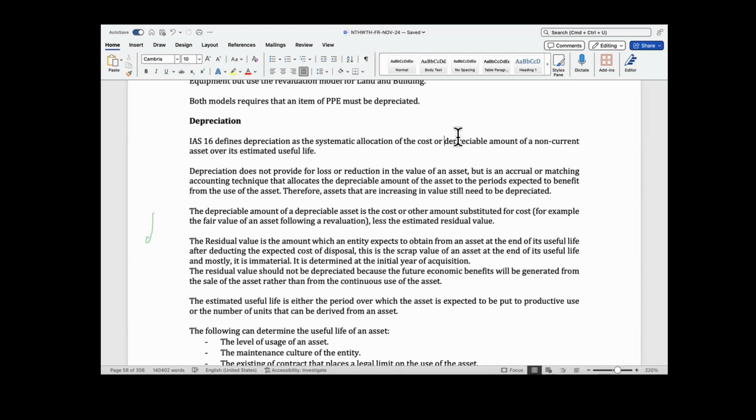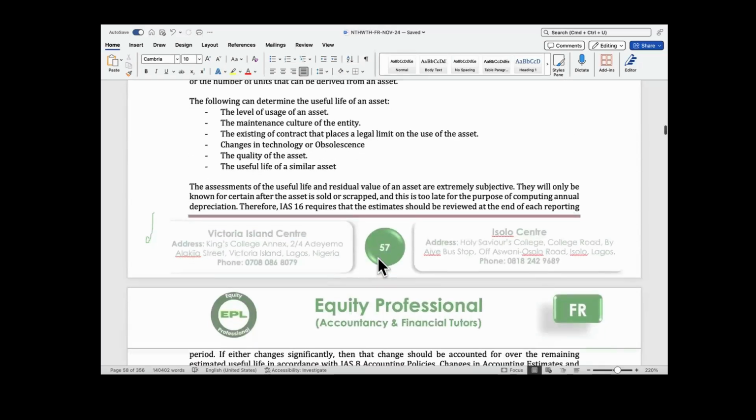Then that means you can revise that useful life. The same thing applies to residual value. It can be revised. All of this revision will have impacts on the ultimate calculation of depreciation, which I will show you. It's nothing serious. It's quite straightforward. So that's that.